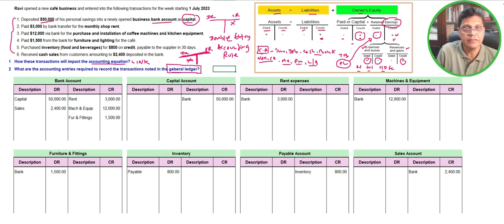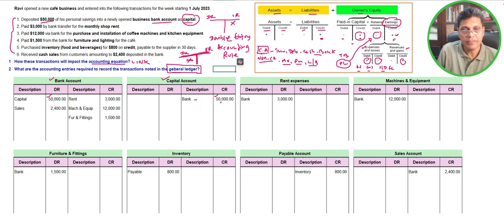Now based on this, I have the answers for these questions. First of all, any increase in asset should be debited, so we have a bank account and the capital account. We debit 50,000 and we credit 50,000 in the capital account. Now in the description, we have to specify the account to which this amount was debited.